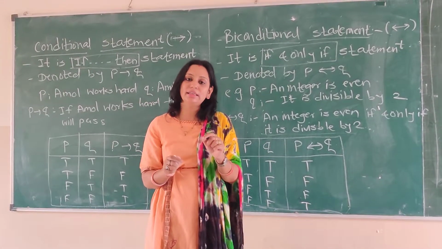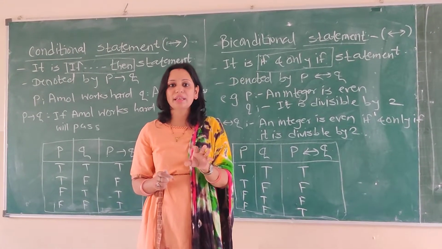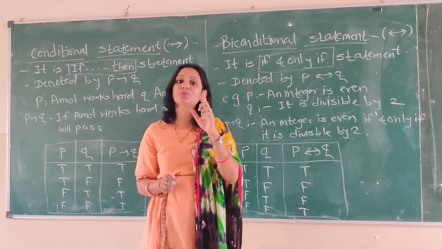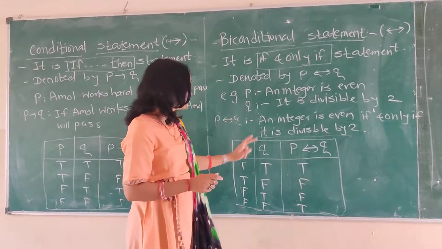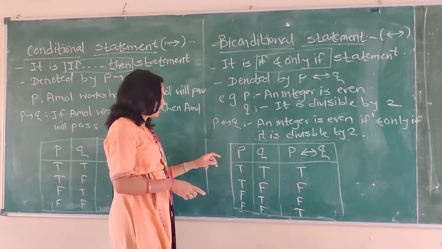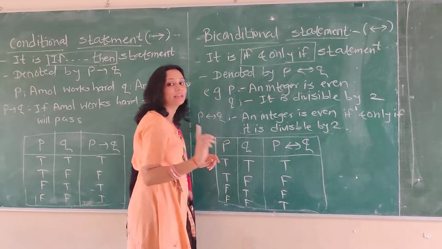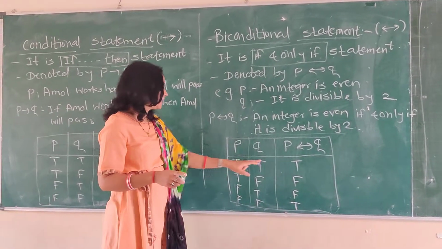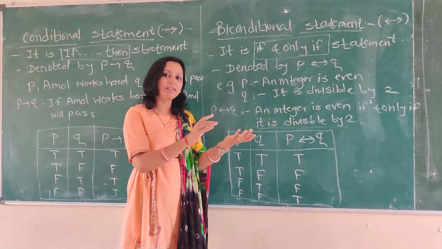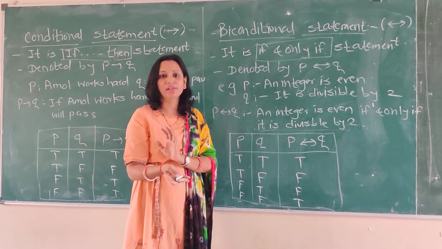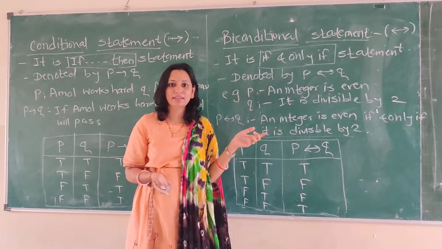Because the condition is that whatever propositions are there, their truth values should be similar. That is the truth table. True, true, we are getting true. False, false, you are getting true. Otherwise, they are false, because one condition is true and one condition is false. So that is how the biconditional statement works.